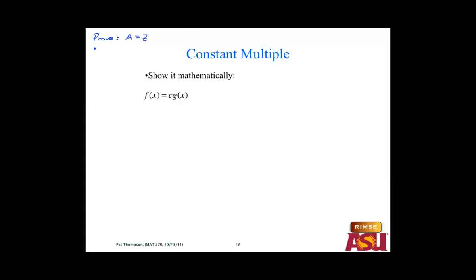So we can start with A, and we say, oh, well, we know A equals B, maybe by a definition or maybe by some algebra, okay? And B is the same as C, and we continue this process until we string together equalities to get Z, and the conclusion then is A equals Z.